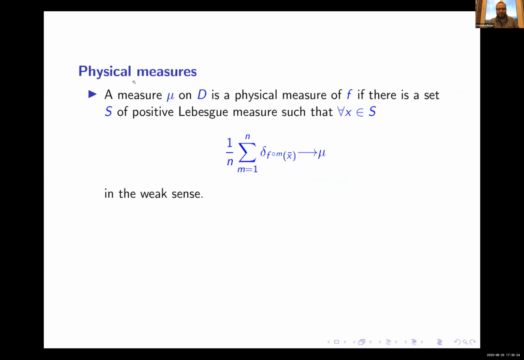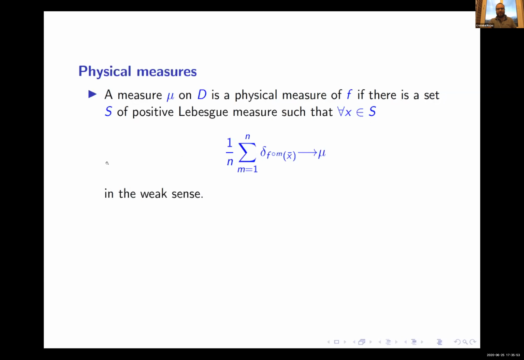and so we consider what's called physical measures. A measure is physical if there is a positive Lebesgue measure set of initial conditions such that if we start at any of these points and look at the Birkhoff averages, these finite measures converge to this physical measure. So it's physical in the sense that we should observe it with positive probability.